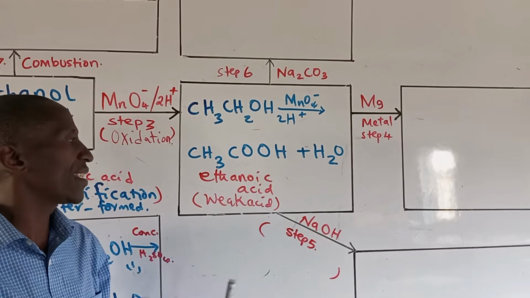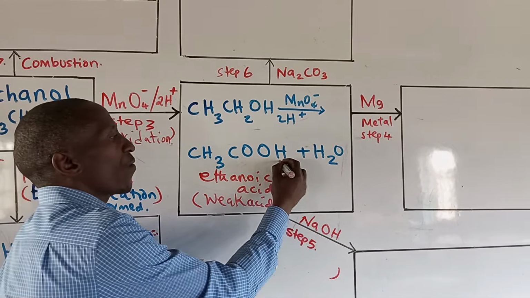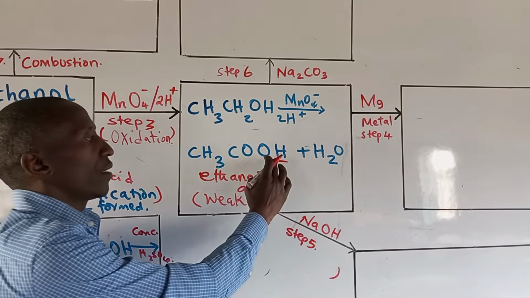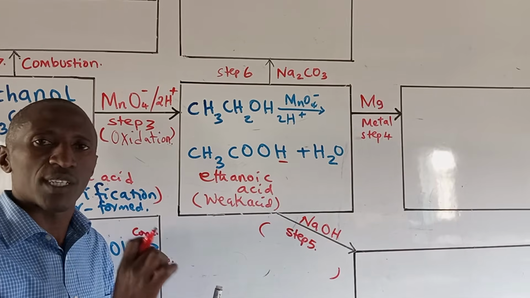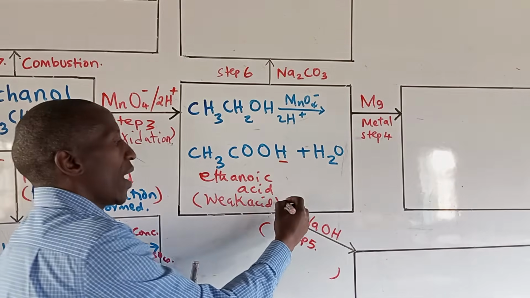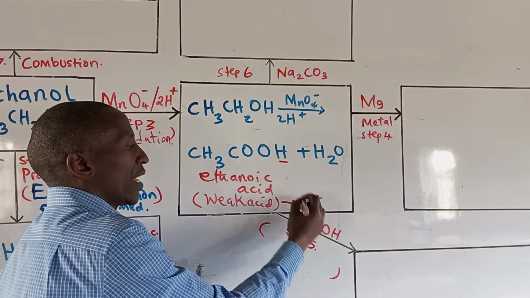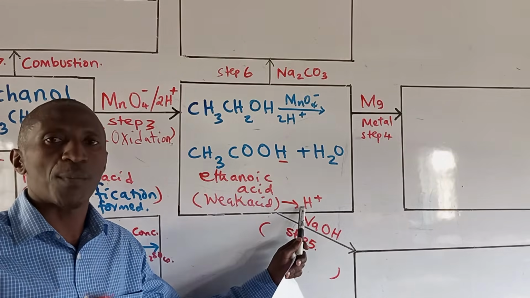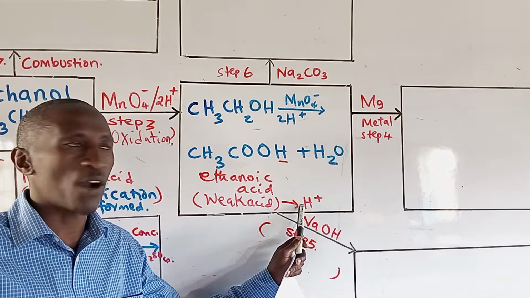And why is it an acid? The presence of the hydrogen there, which when it is put in water, dissociates to give the hydrogen ions, and that gives this chemical compound the acidic properties that we are actually talking about.